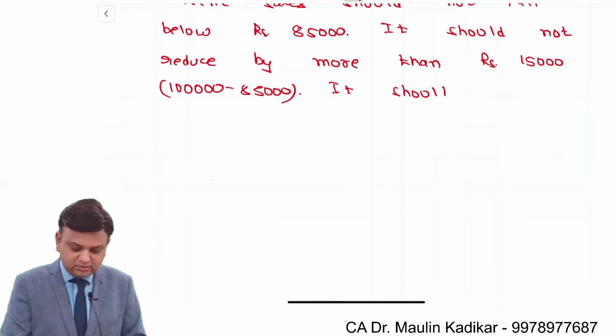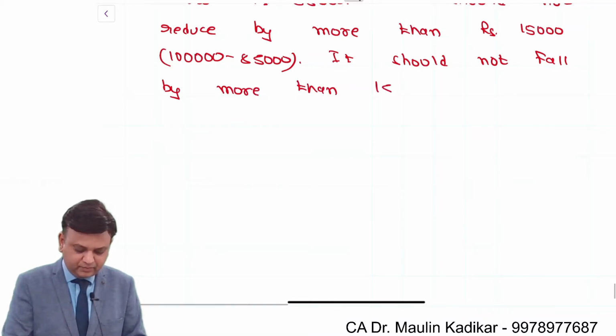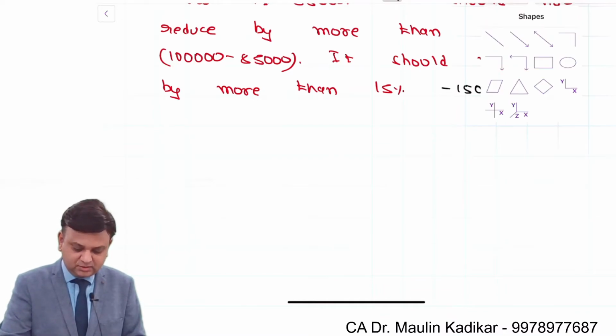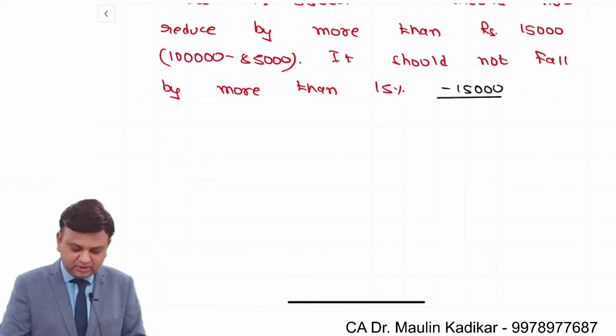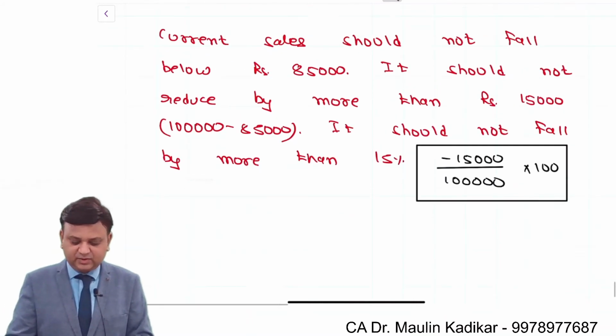It should not fall by more than 15%: 15,000 upon 1 lakh into 100. This is the way we are required to write the answer.